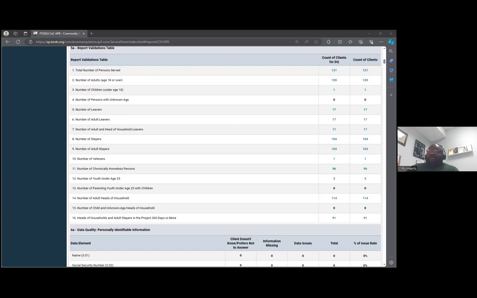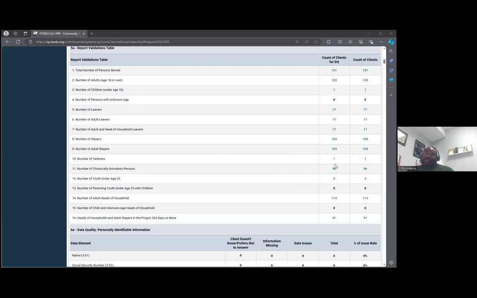Reason being is that the performance measures are calculated for anyone in a program over the age of 18. So it's going to separate out the kids so you can know how many adults are included in the data.